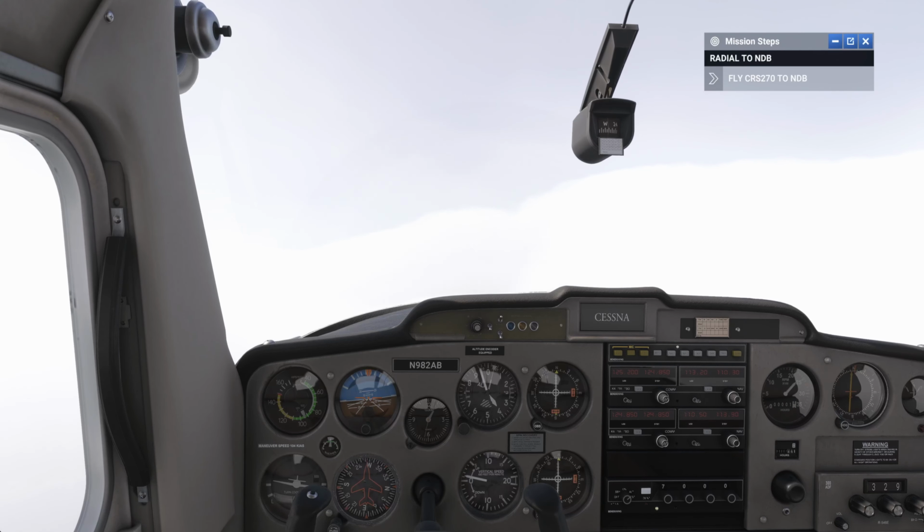As the NDB needle has started to drift, turn towards and beyond the direction it is pointing to push the head back towards our desired course 270. See, but I think we are still 5 degrees off.